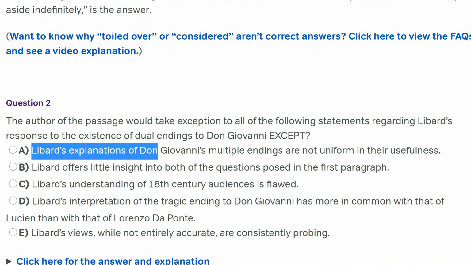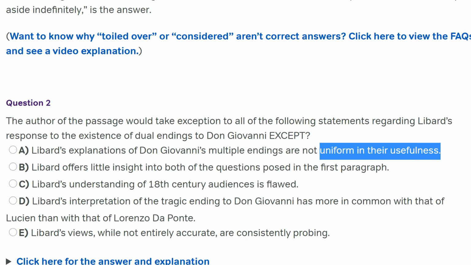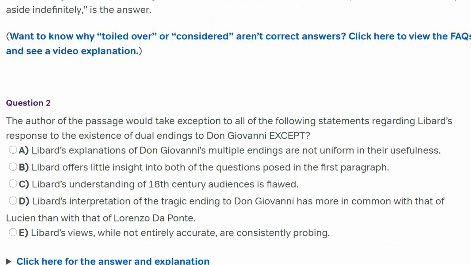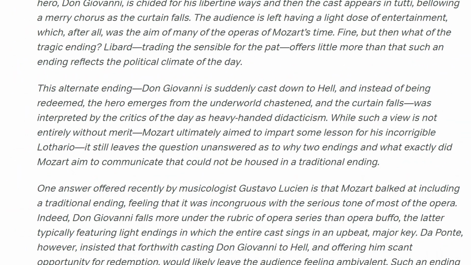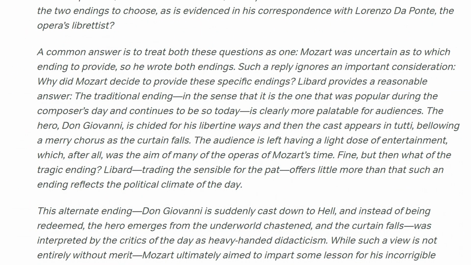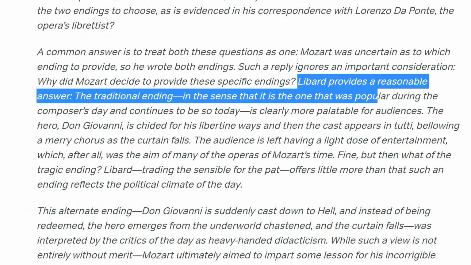Leibard's explanations of Don Giovanni's multiple endings are not uniform in their usefulness. I kind of would agree with that just because he praised one of the responses and didn't praise the other, right? So he said one of them was a reasonable answer, that the audiences liked it.